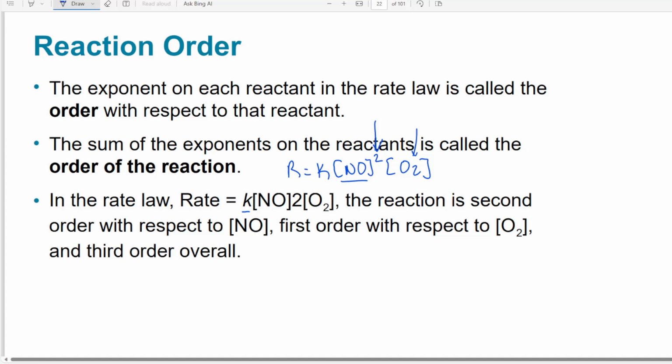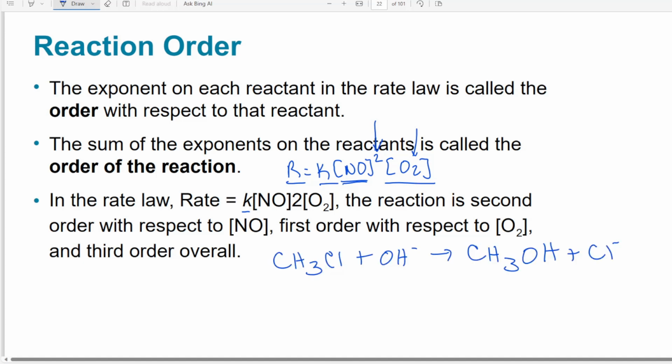In the rate law, where the rate is equal to some k times the concentration of NO to the power 2 times the concentration of O2 to the first power, we say that the rate is second order with respect to NO and first order with respect to O2 and third order overall, because when we sum the exponents we get 3.